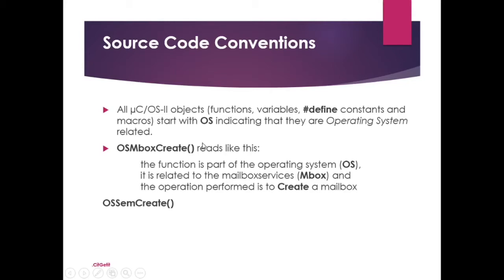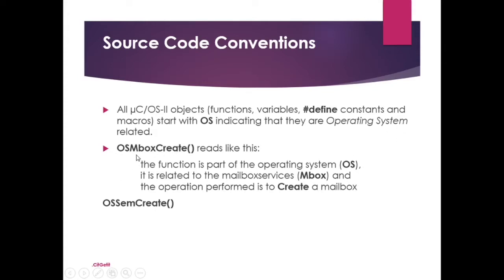Now, coming to the details of MicroC OS 2, let us see how the function names are written in MicroC OS 2. All the functions defined in MicroC OS 2 start with the letters OS, which indicates that they are related to this operating system.